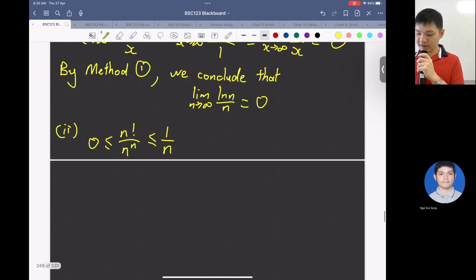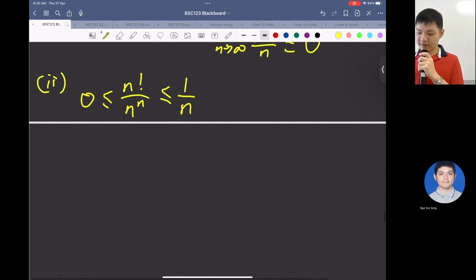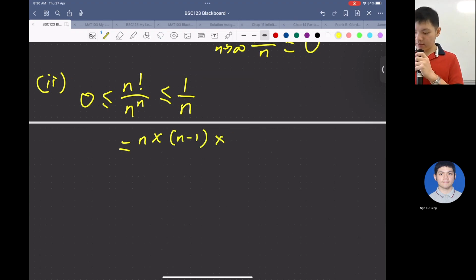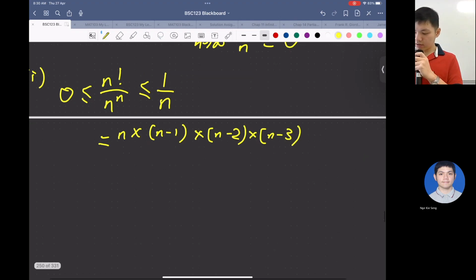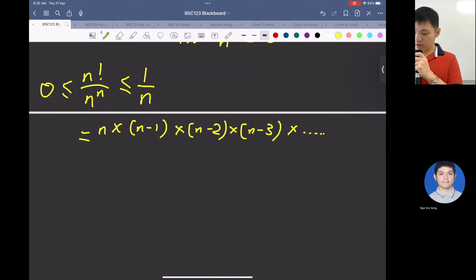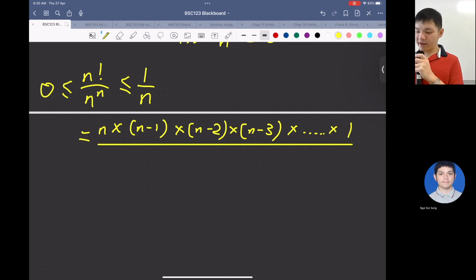You need to write out the definition of n factorial. n factorial is n times n minus 1, n minus 2, n minus 3, all the way down to 1. But at the bottom, how many n do you have?